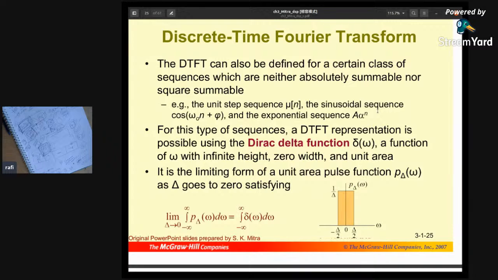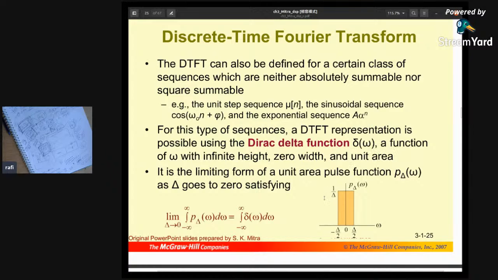In the same way, in the frequency domain also, we sometimes have impulses with zero width. Delta of omega means it lies at omega equal to 0, the DC component, but the height is infinity. Practically it is not possible, but for mathematical analysis we use this Dirac delta function in the frequency domain. Infinite height, zero width, and one more important thing is that the area is unity.